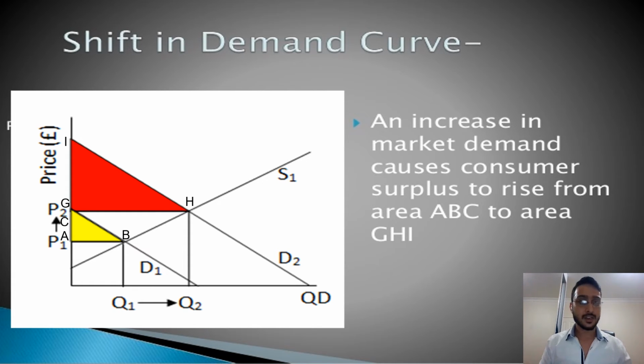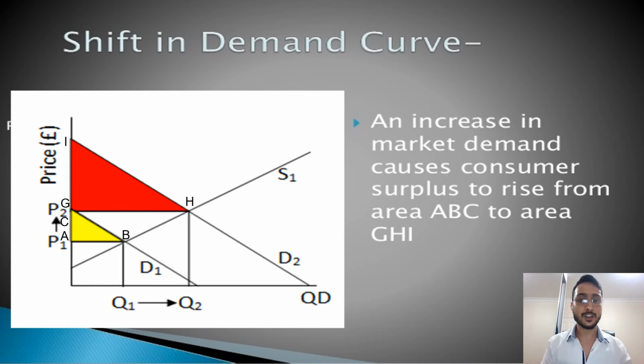So we can see on the chart down here as well, when there is a shift in the demand curve from D1 to D2, the equilibrium point has gone from B to H, and when the demand has increased, the consumer surplus has increased.